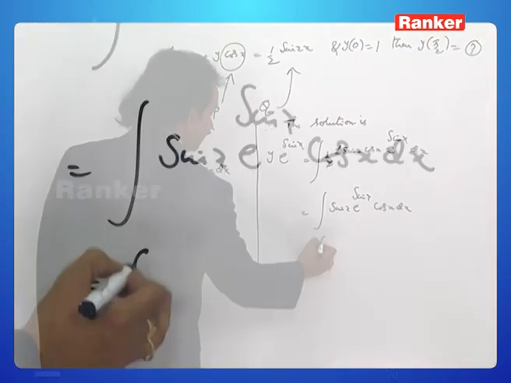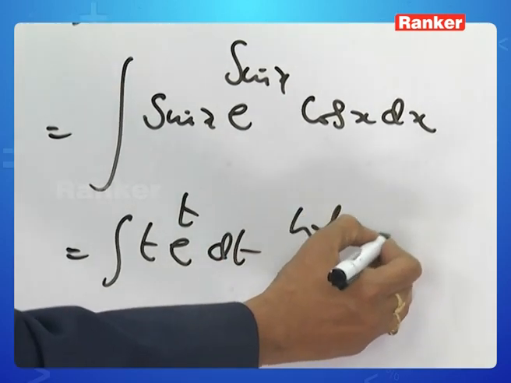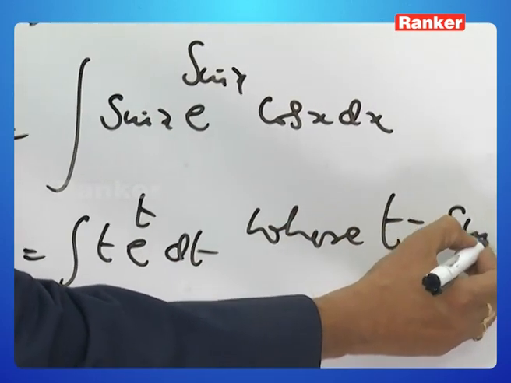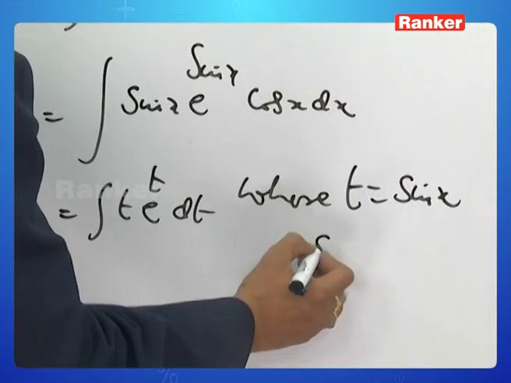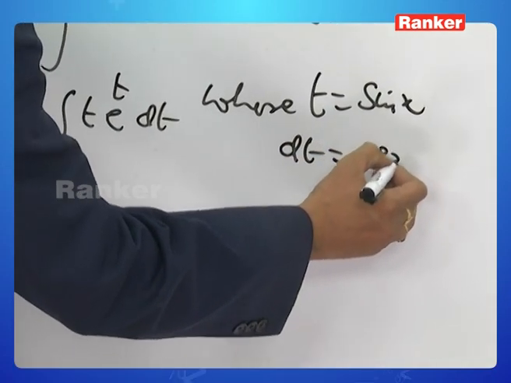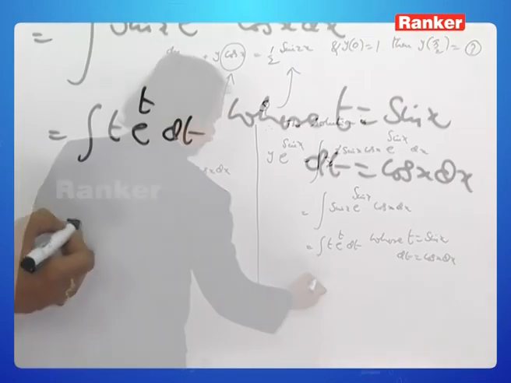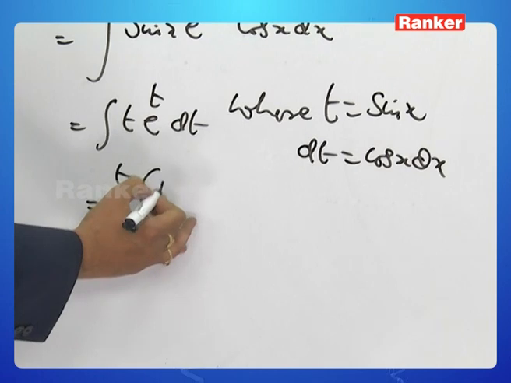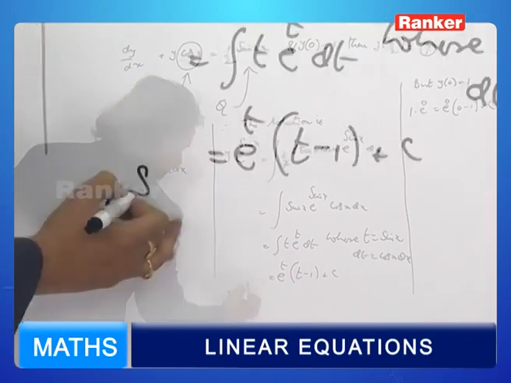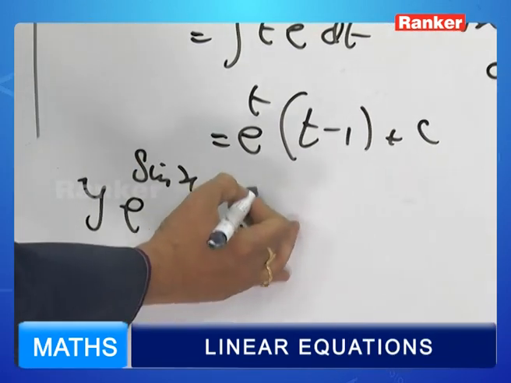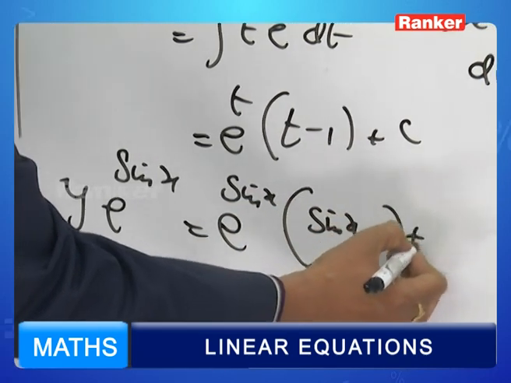So that this is t into e power t dt, where t is equal to sin x, or dt is equal to cos x dx. And from the knowledge of indefinite integration, we know that this integral is e power t into t minus 1 plus c. Therefore, the solution is y into e power sin x is equal to e power sin x into sin x minus 1 plus c.